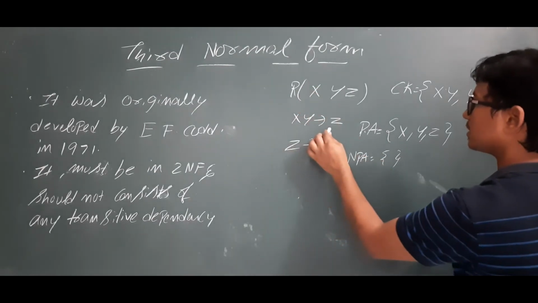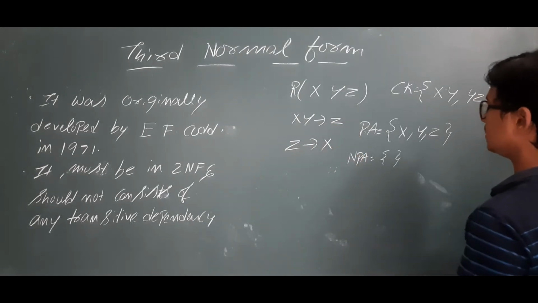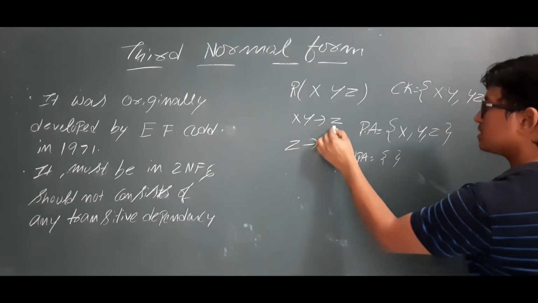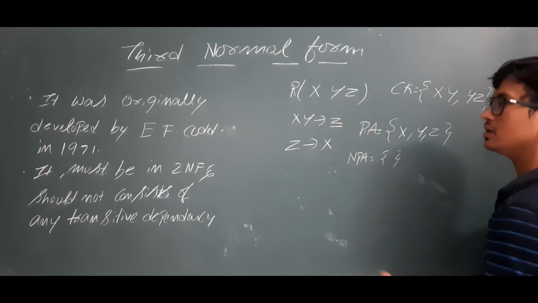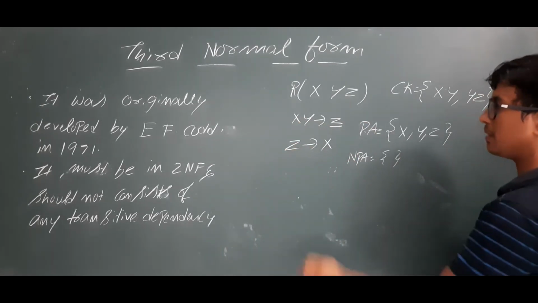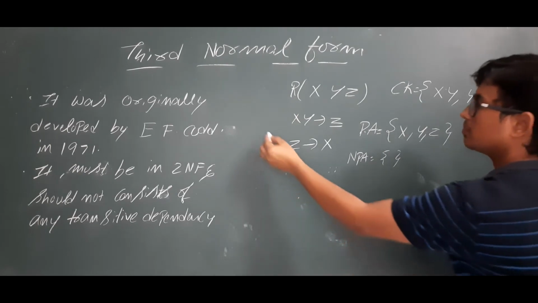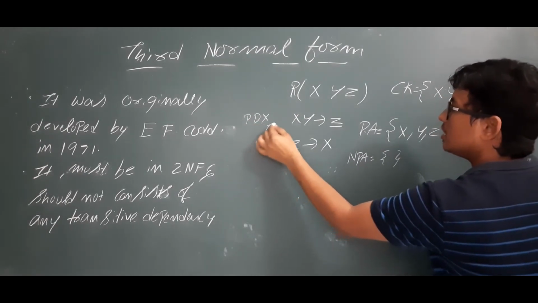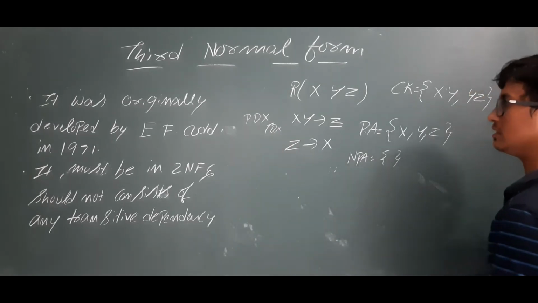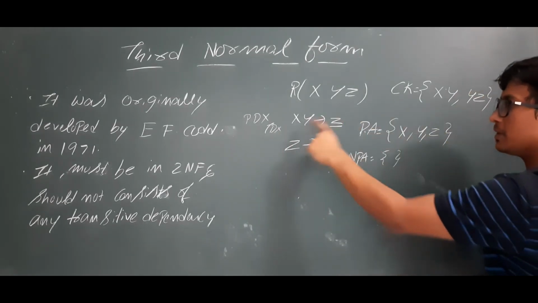Now come to this one. XY determines Z. Z is not a non-prime attribute, Z is a prime attribute. So it is not a partial dependency and not a transitive dependency. Is it clear? What is a partial dependency?